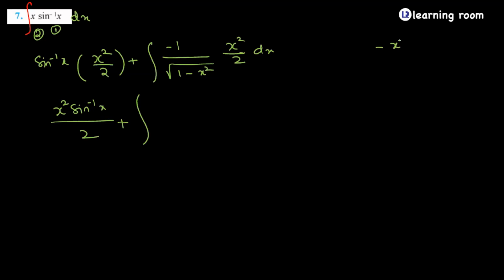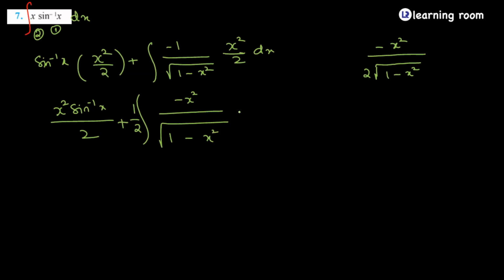Observe. You have minus x square divided by 2 root of 1 minus x square. Is this not what you're having? Minus x square divided by 2 root of 1 minus x square. So I'll take the 2 outside. So here I have minus x square divided by root of 1 minus x square dx.